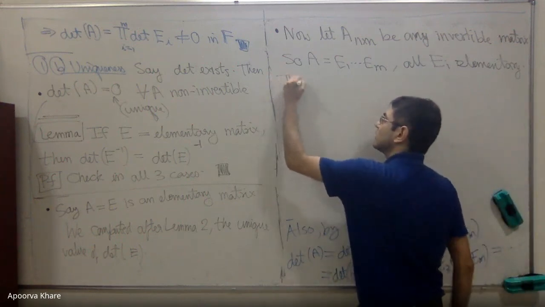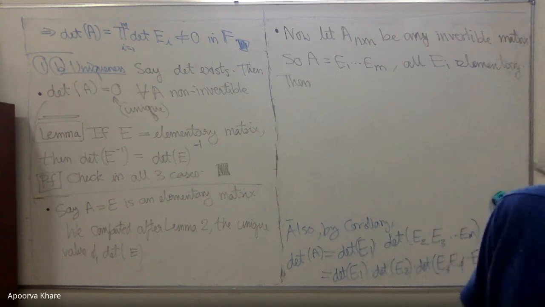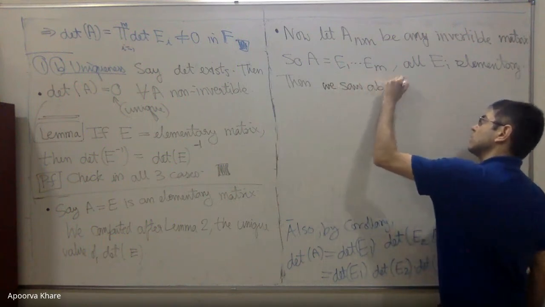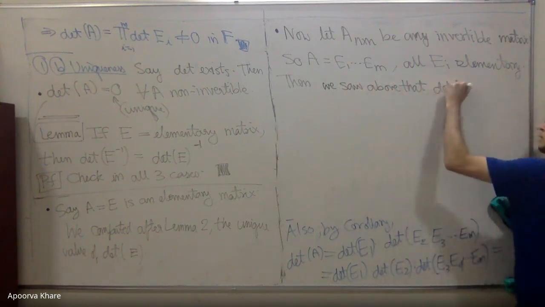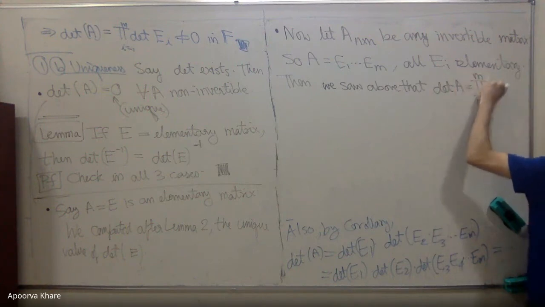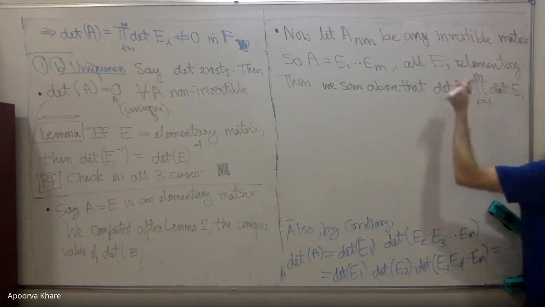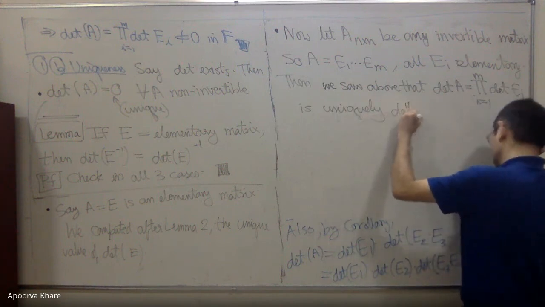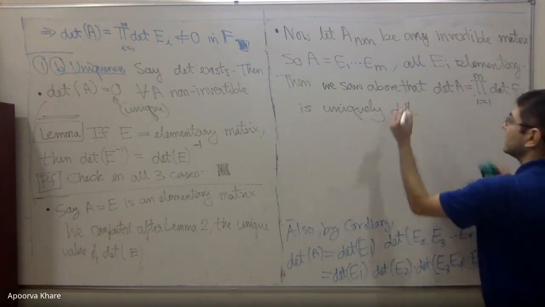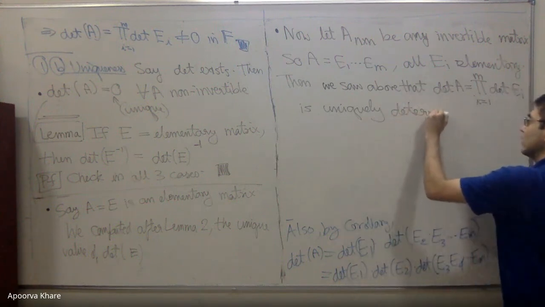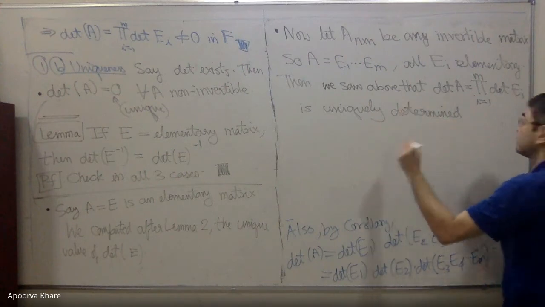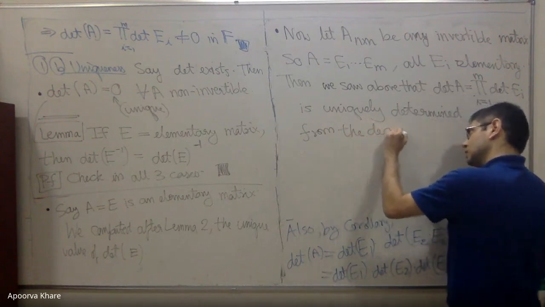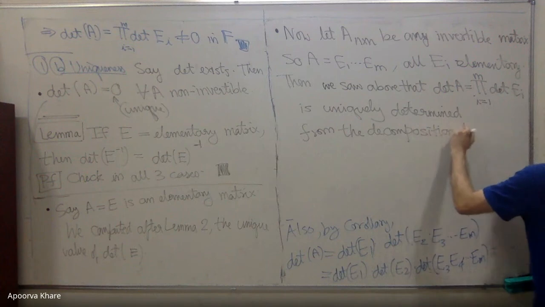We saw above that the determinant must be equal to the product, so that value is uniquely determined from the EIs, from the decomposition A equals E1 through EM.